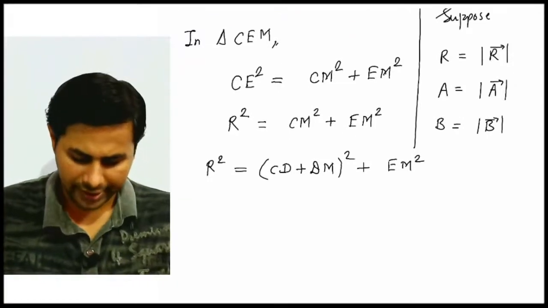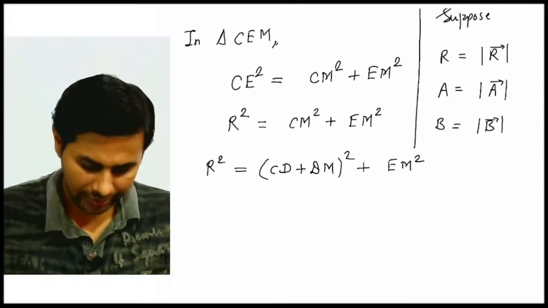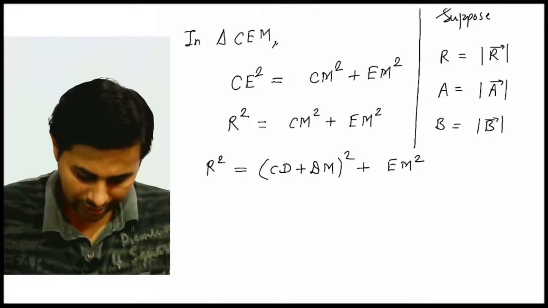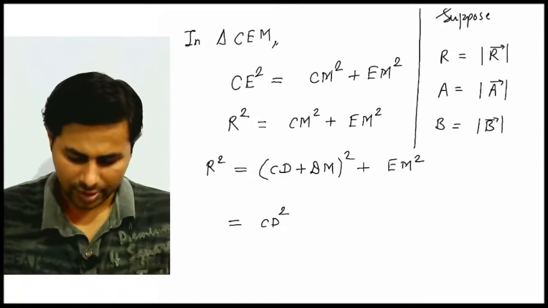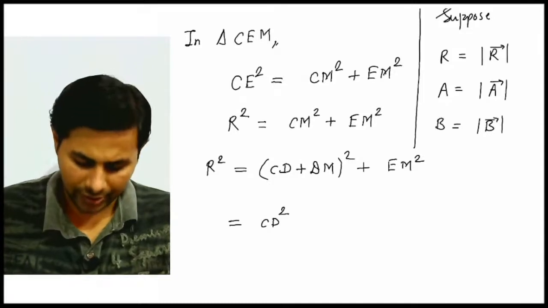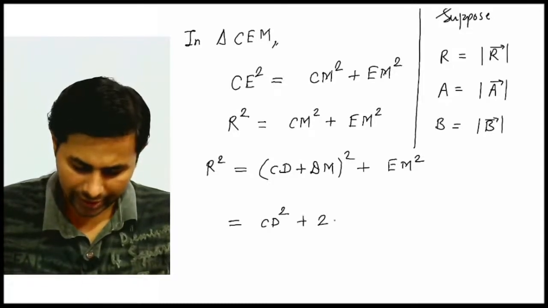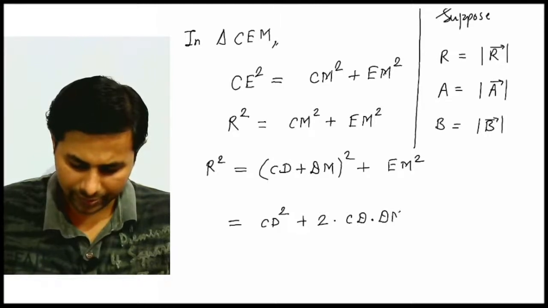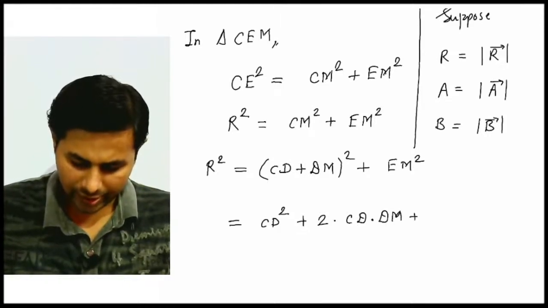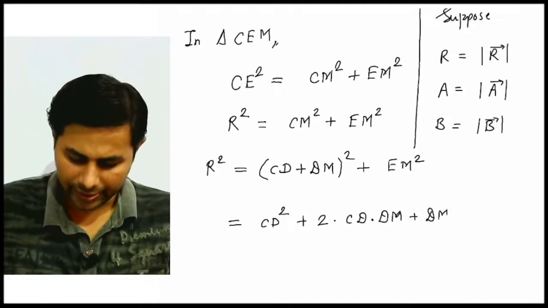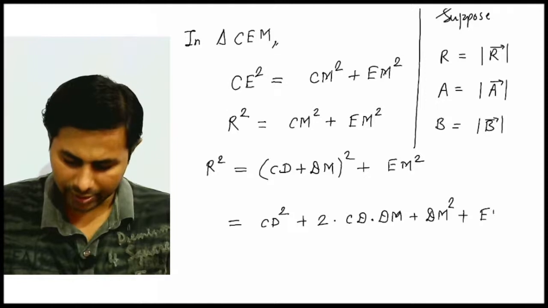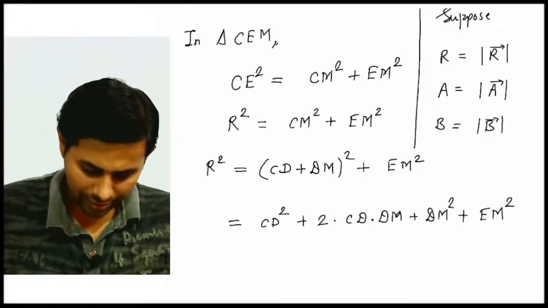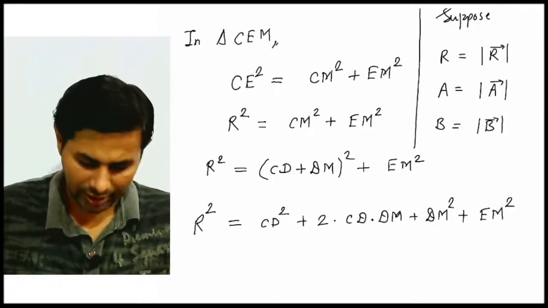And after that, let's expand this. Expanding CD plus DM squared, we have CD squared plus 2 times CD multiplied by DM plus DM squared, plus we have EM squared. So this is our R squared.